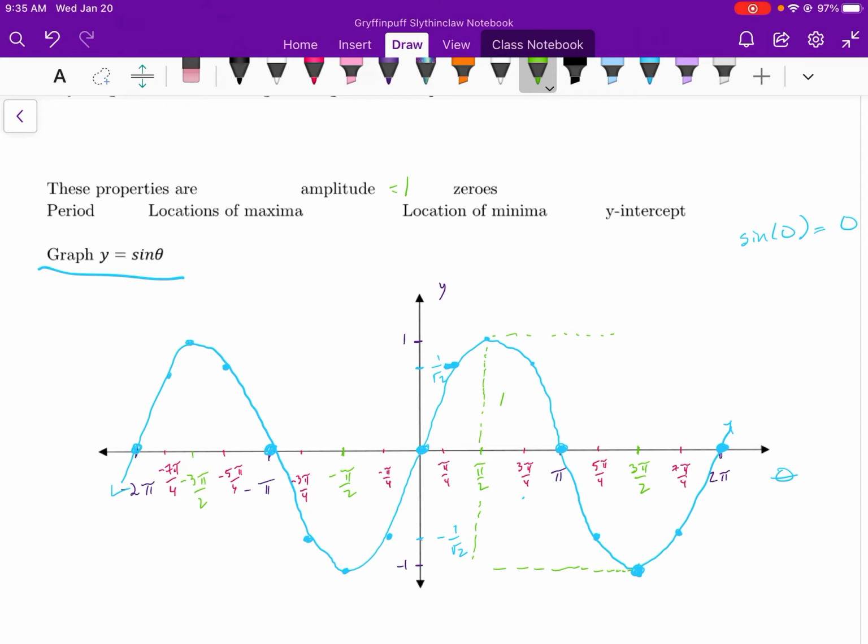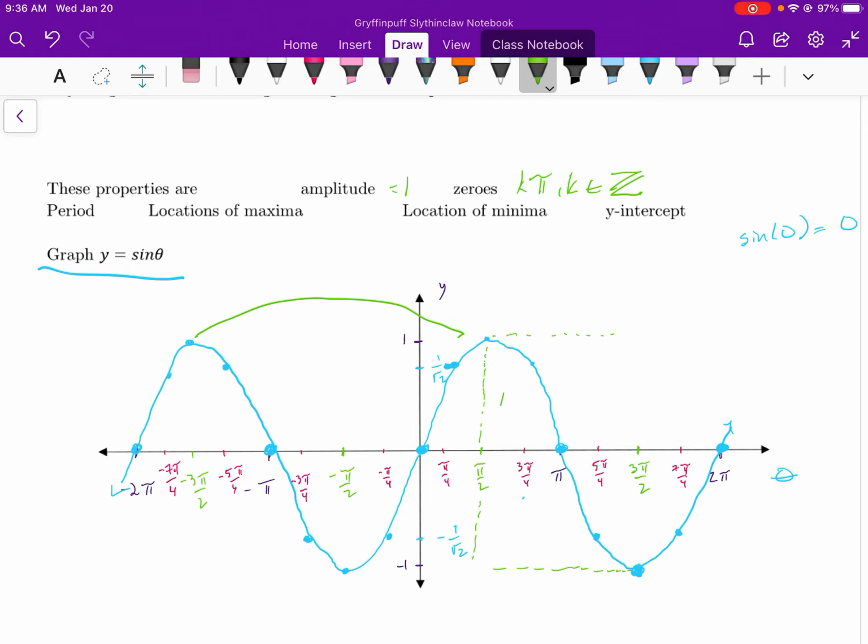The zeros. Well, the zeros of this graph, if we take a look, they happen at negative 2 pi, negative pi, 0, pi, 2 pi, probably best described as k pi, where k is an element of the integers. In other words, they happen every pi. Now, period. What is the period of this graph?